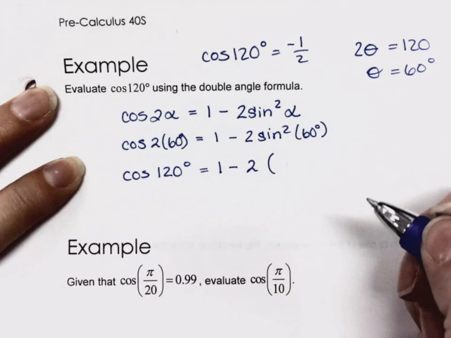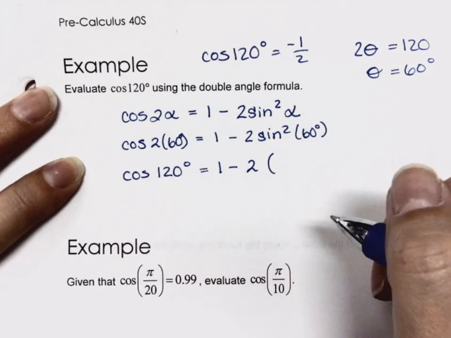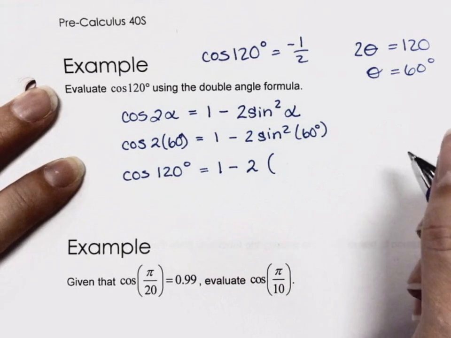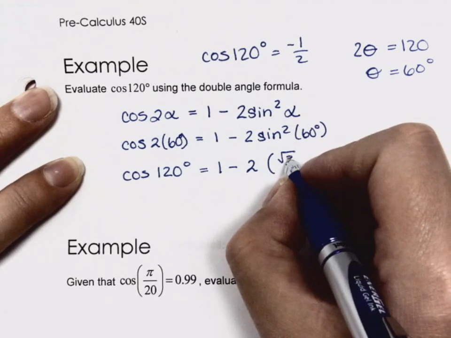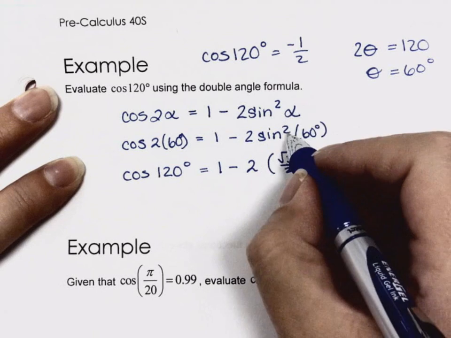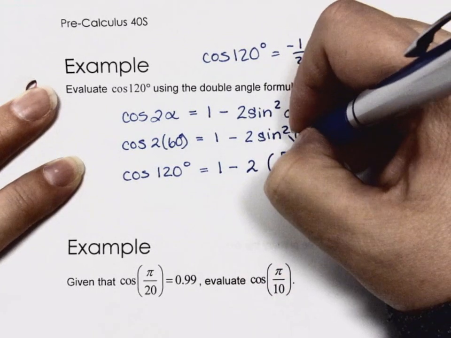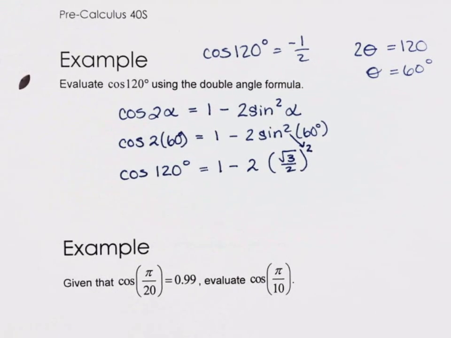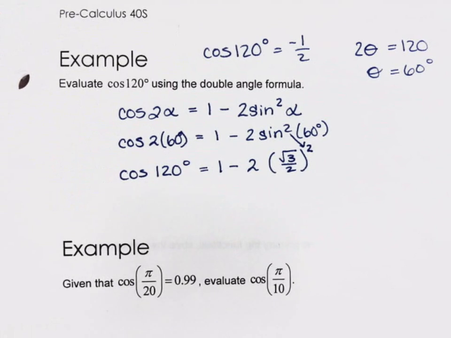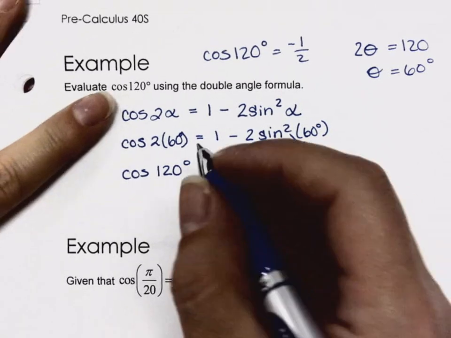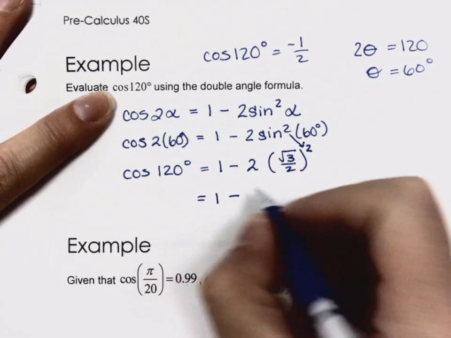That's going to be root 3 over 2. The squared goes on the outside there. So we evaluate sine of 60 and then we square it. We're not trying to figure out what the sine of 360 is. Everybody understand that? So you evaluate sine of 60 and then you square it. But you guys know this all because you've already done it.